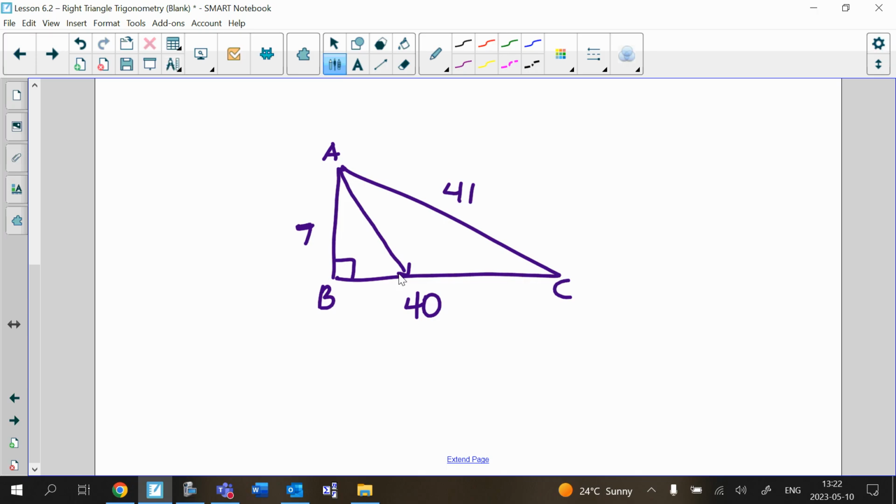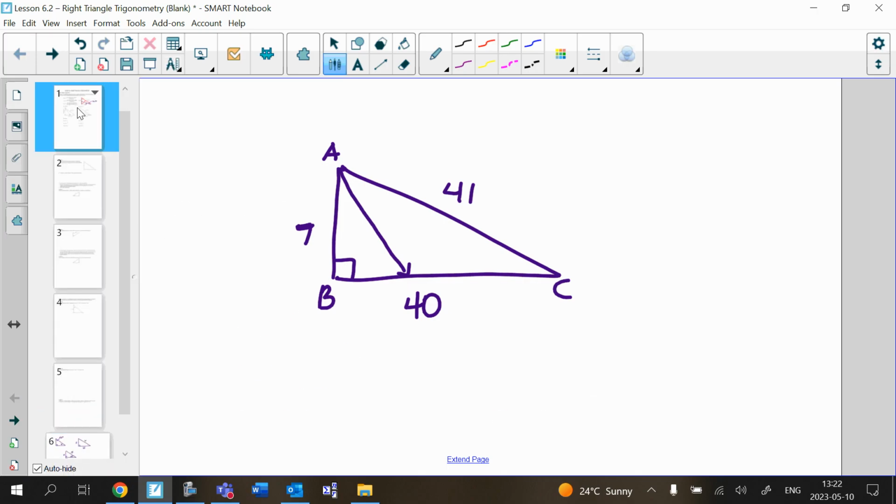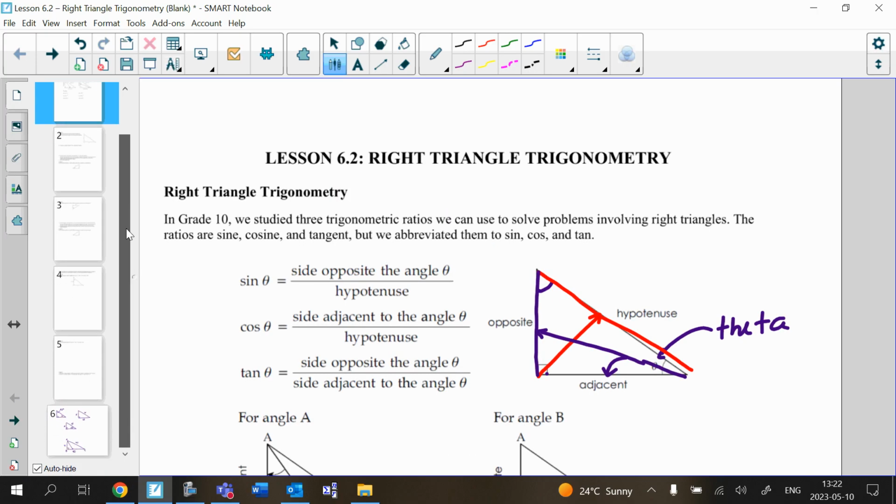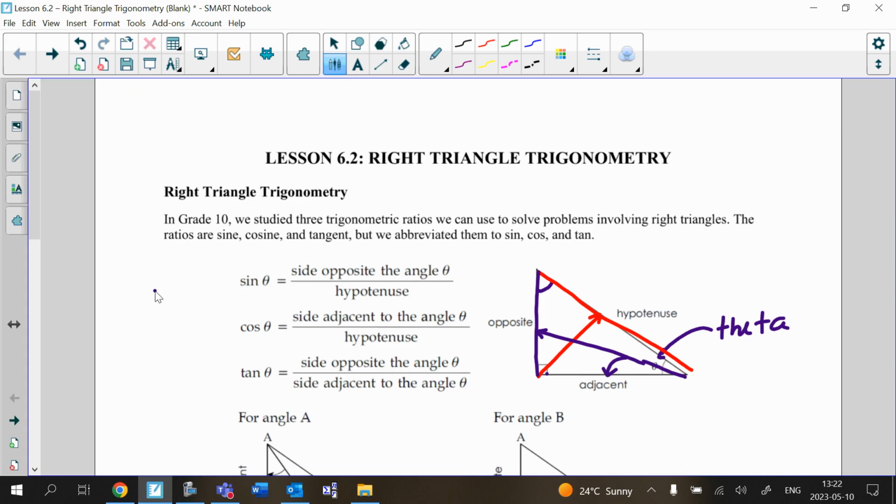Once we know those sides, then we can use ratios of the sides and certain trig ratios to find missing sides and angles. So in a right triangle, the sine of any acute angle is always the ratio of the side opposite over the length of the hypotenuse.